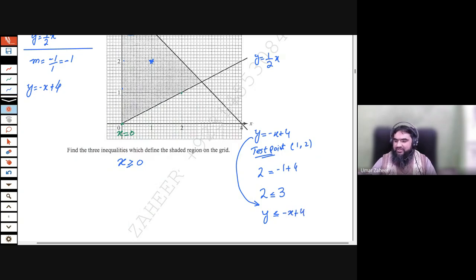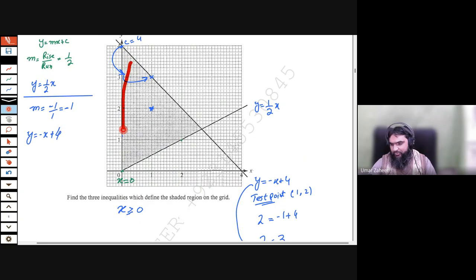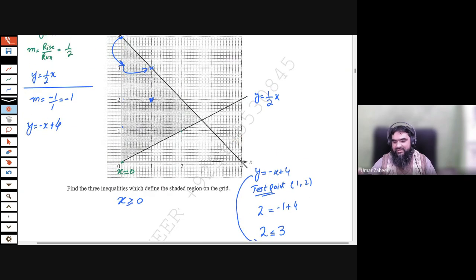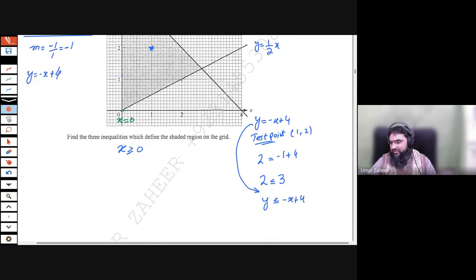The condition is you must take the point from the region, not outside the region, because if you take it outside, you will get the region where the inequalities are not satisfied. So we get the inequality for the other line as well: y is less than or equal to minus x plus 4.